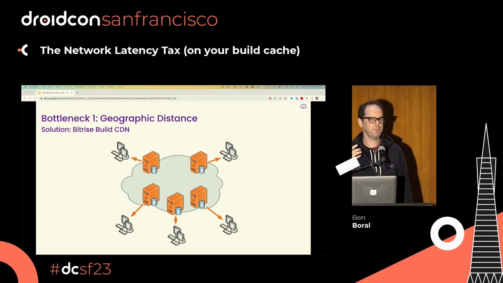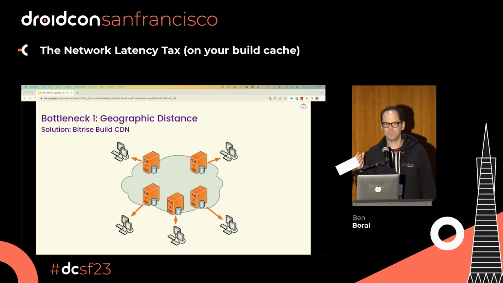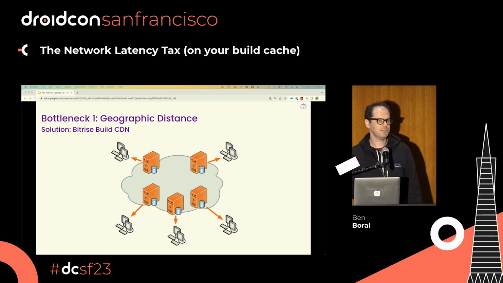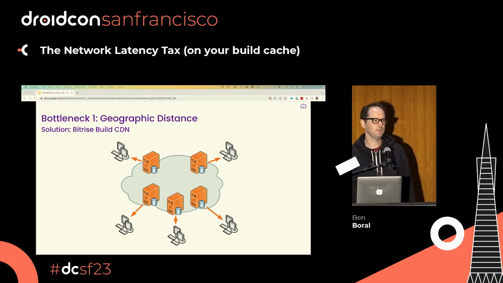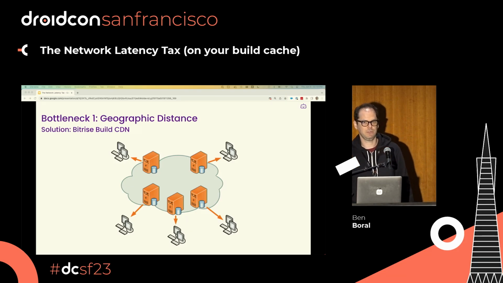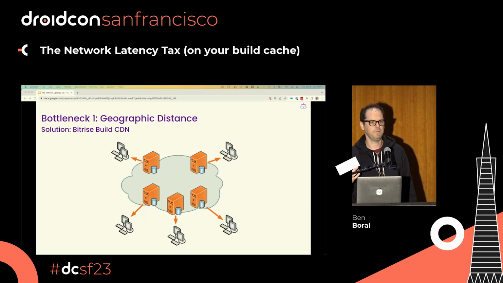And this is not something that most development organizations can do, right? If you have a couple of hundred Android developers, it doesn't really make sense to pay all this money to set up this CDN network because that's super expensive for a small number of people getting the benefit.